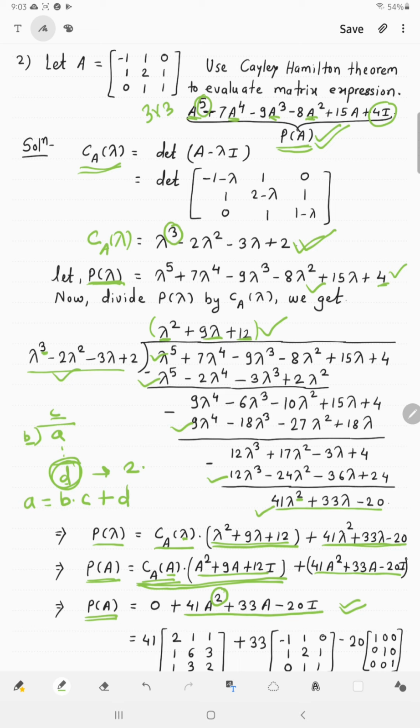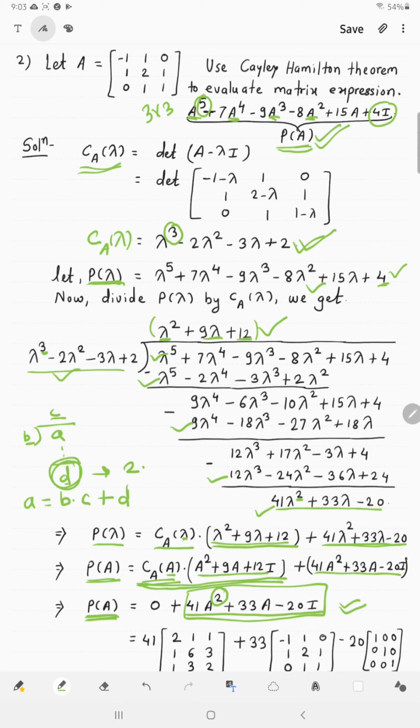So I have to find out here A raised to 50, but using the division algorithm, p of A is always the remainder, and the remainder is always less than the degree of the matrix.